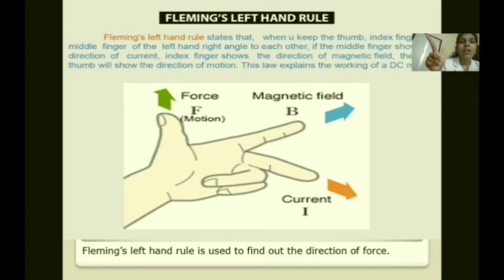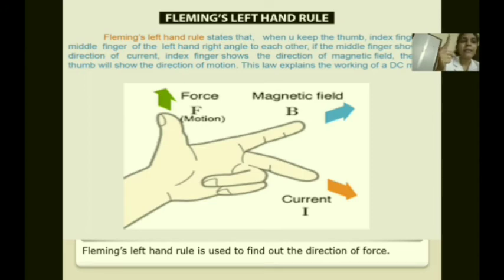Now, first just focus on the index finger and the middle finger. Your index finger should point towards the magnetic field. That means your index finger should point from north to south of that magnet. You can see in this figure the index finger should point towards the magnetic field.